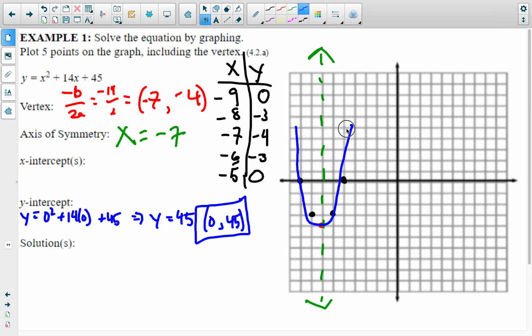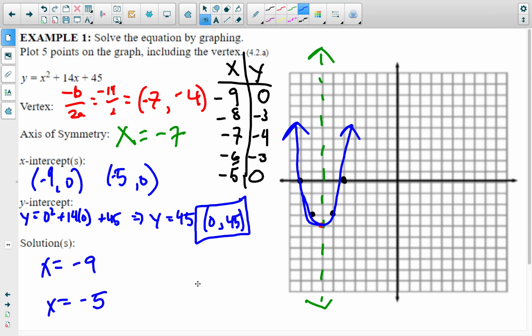Oops, I missed that point right there. Here, it's a little better. There's our parabola, and our solutions then are these x-intercepts, all right? So our x-intercepts, if we're looking at this table, we see they're -9, 0, and -5, 0, meaning our solutions are x equals -9 and x equals -5.